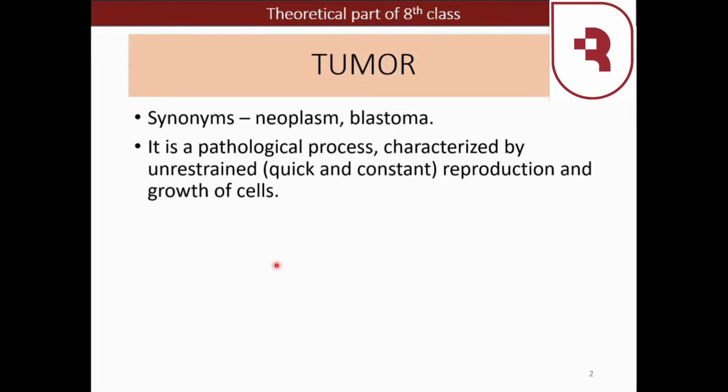The tumor is a pathological process which happens in the organism and leads to formation of new tissue and new cells. Some tumors may be benign and some may be malignant. And these differences are most important for us and we should discuss them today.